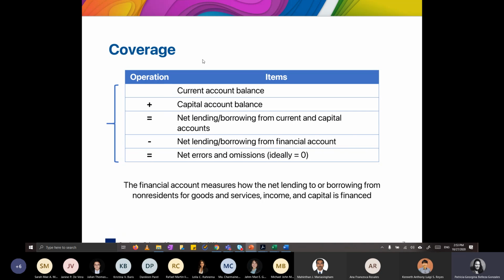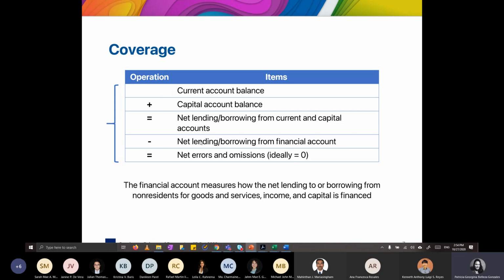So operationally, the current account balance plus the capital account balance is equal to the net lending or borrowing from current and capital accounts. This net lending and borrowing from current and capital accounts, as I mentioned, is financed with assets in the financial account.